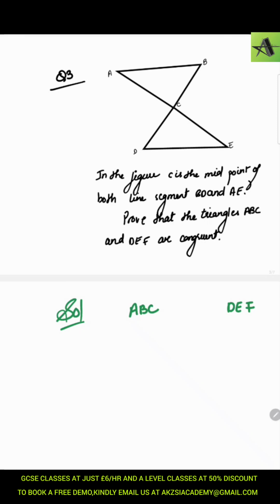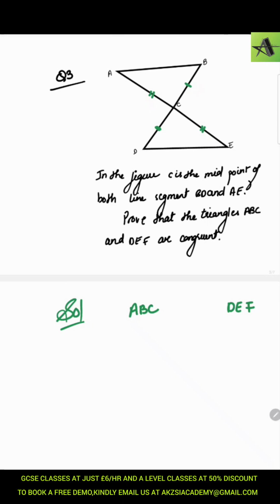Since it's mentioned that C is the midpoint of BD, I can say that BC equals CD. And line segment AE has midpoint C, which means AC equals CE.